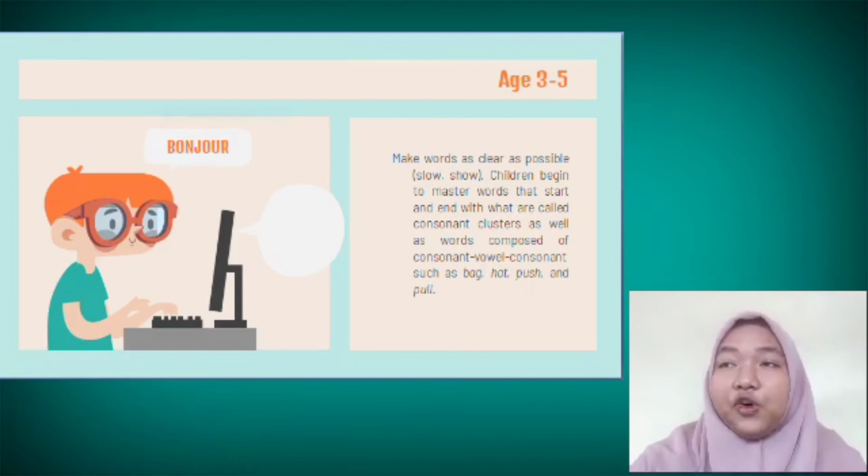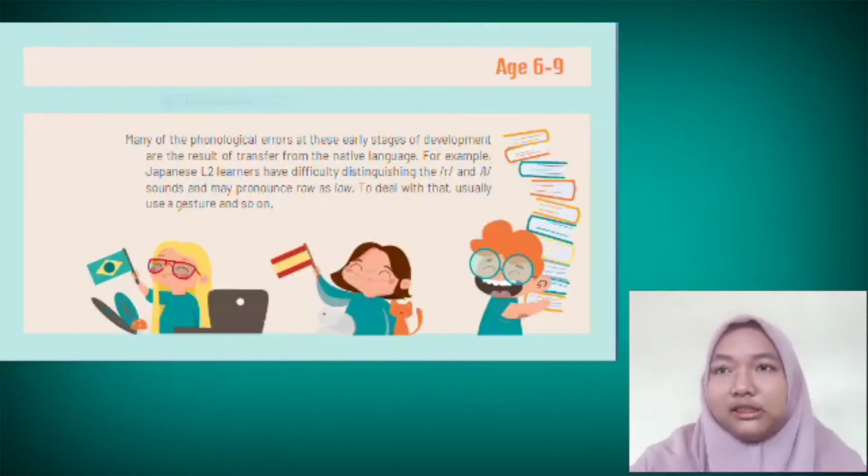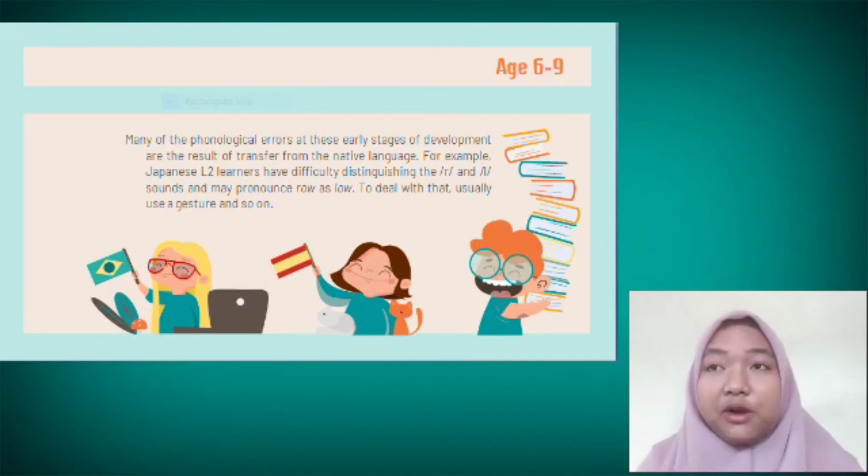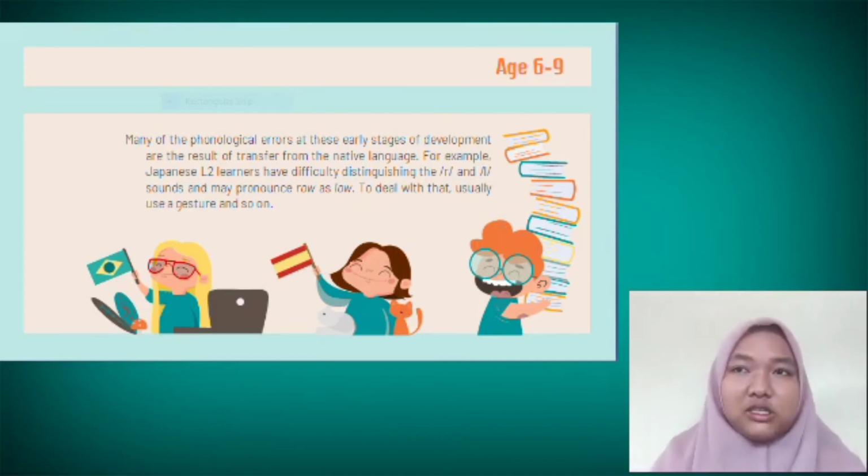And then for the age of 6 until 9, many phonological errors at these early stages of development are the result of transfer from the native language.